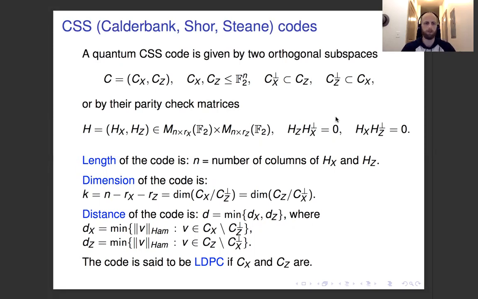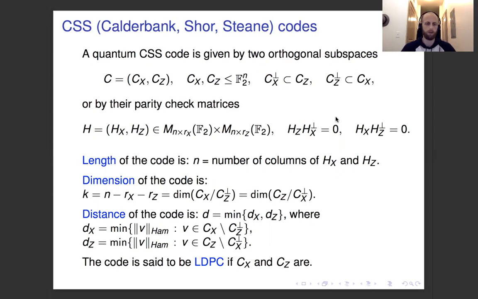This is the condition that two classical codes need to satisfy in order for them to be a CSS code. One can also think about the CSS parity check matrices as two parity check matrices satisfying some orthogonality relation.